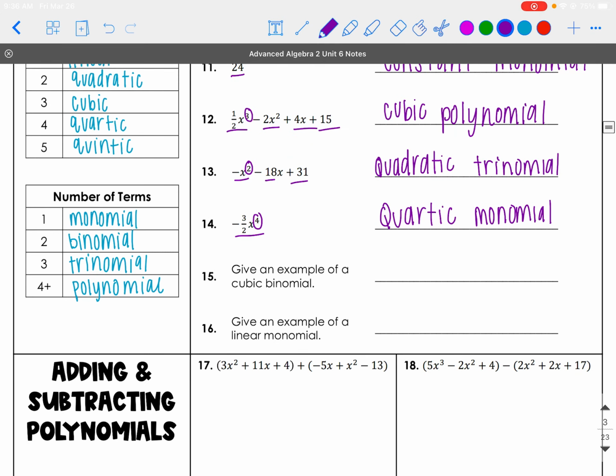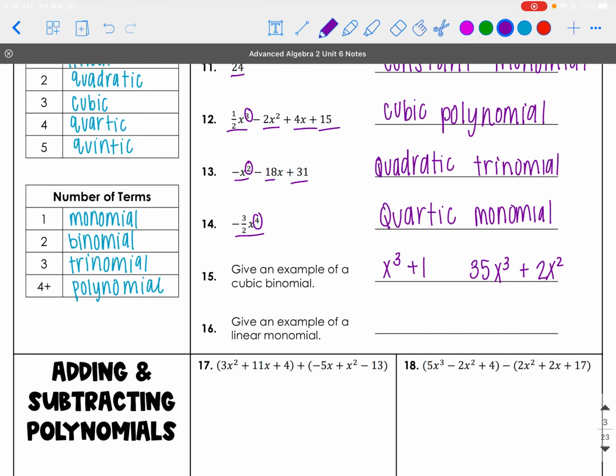Number 15 says, give an example of a cubic binomial. So I might have x cubed plus 1. Or 35x cubed plus 2x squared.